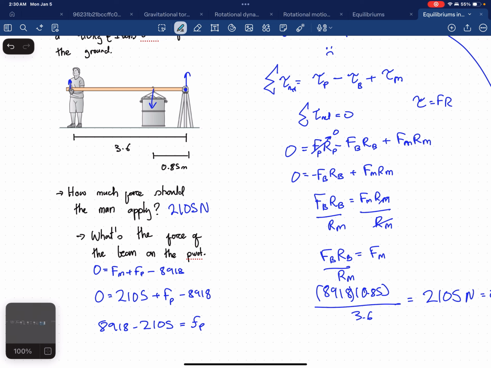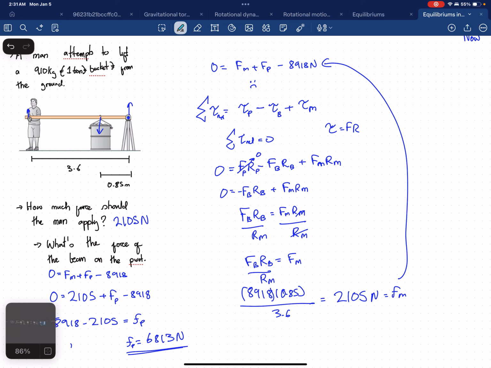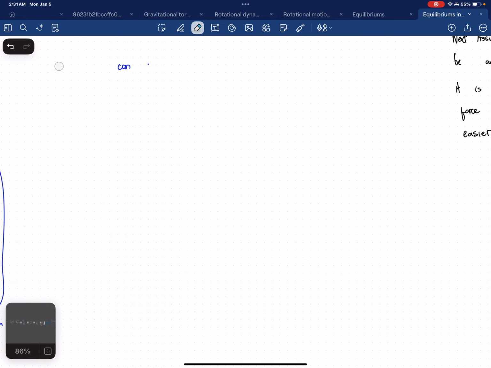So F_P, the force of the beam on the pivot, is about 6,813 newtons. So there. And that's how I want you guys to think about both solving your equilibrium problems and your non-equilibrium problems. They're pretty much almost the same. So yeah, we found F_P.